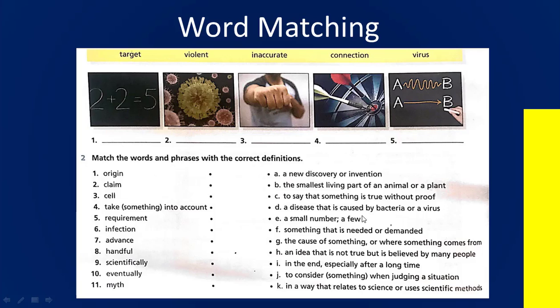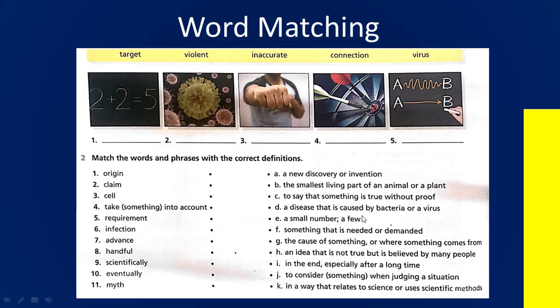So you can look at picture number 1, that 2 plus 2 equals 5. Basically when you do mathematics like this, you have to give the accurate answer, right? Because it is so simple, not too difficult. So 2 plus 2 equals 4, not 5. So it is inaccurate.